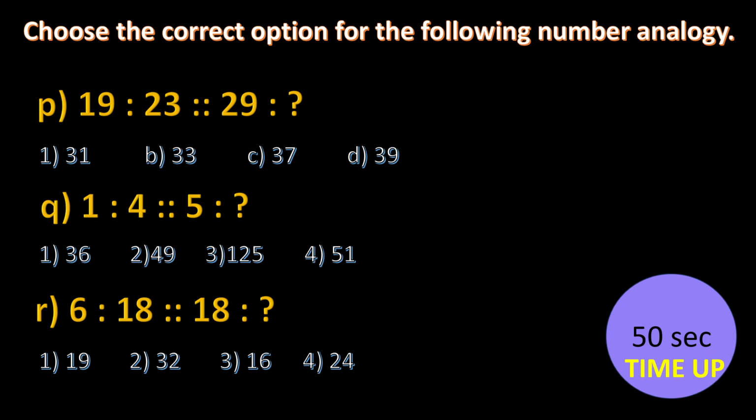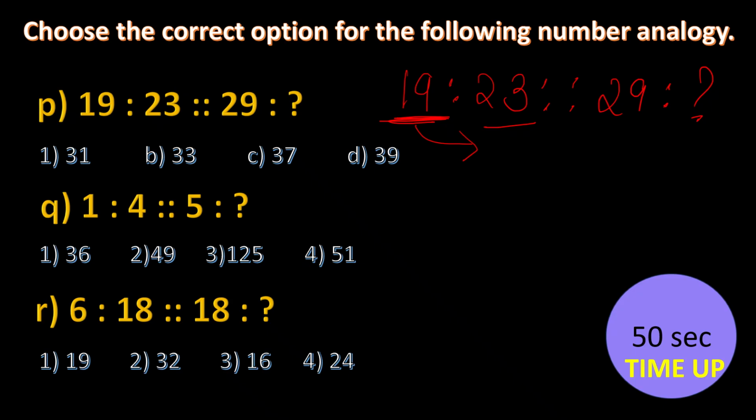So first one is 19 is to 23, then you have 29 is to what? So it's very easy if you keep the priority list in your mind. So first one comes as the prime number. Prime number is 19 is to 23 is there. Then 29 is to what they have given. So they are starting the prime number from 19. So after 19, what prime number comes? 23, correct?